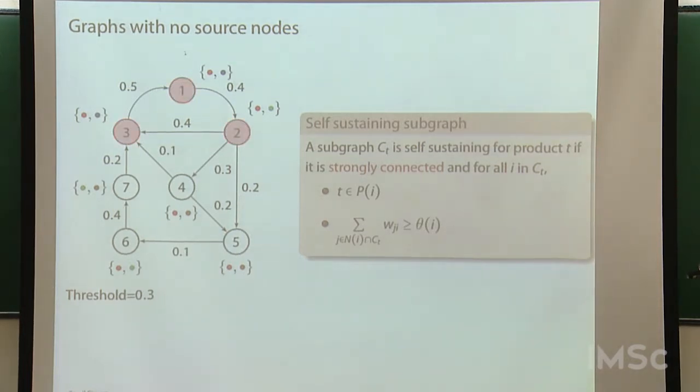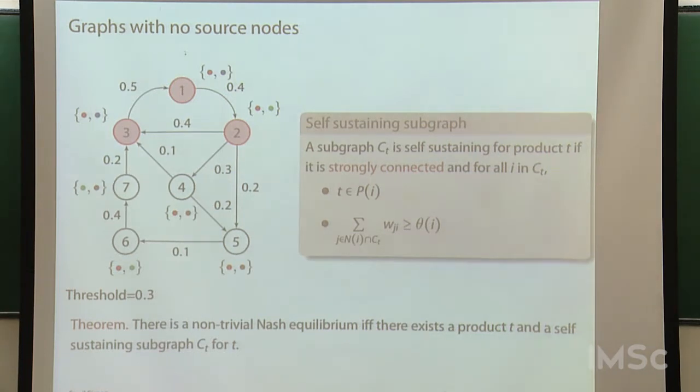So for instance, in this graph, these three nodes 1, 2 and 3 form a self-sustaining subgraph for the product red, because if these three nodes adopt red, then you don't care about the rest, they will never get negative payoff.